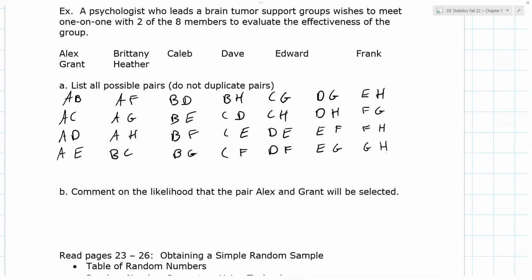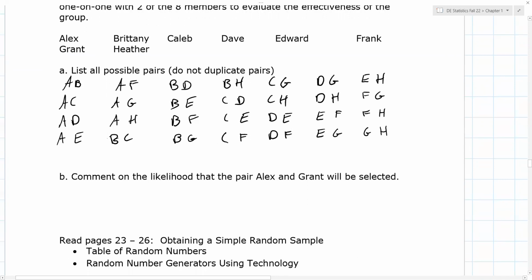And if you notice, none of them start with Heather because Heather's already been paired up with all of the other people as we've gone through. So we've created a list. How many possible groupings or pairings are there? There are 28.